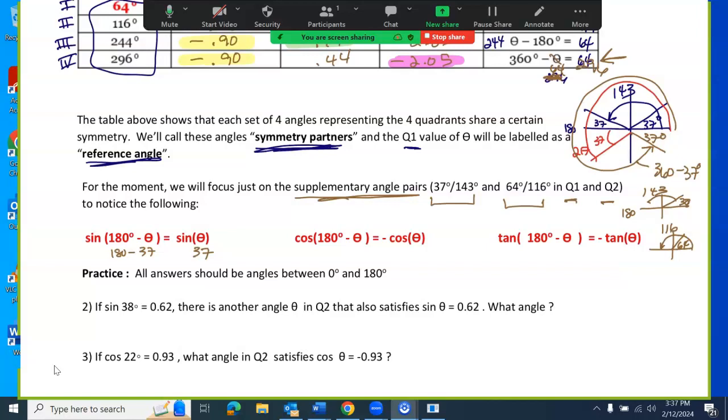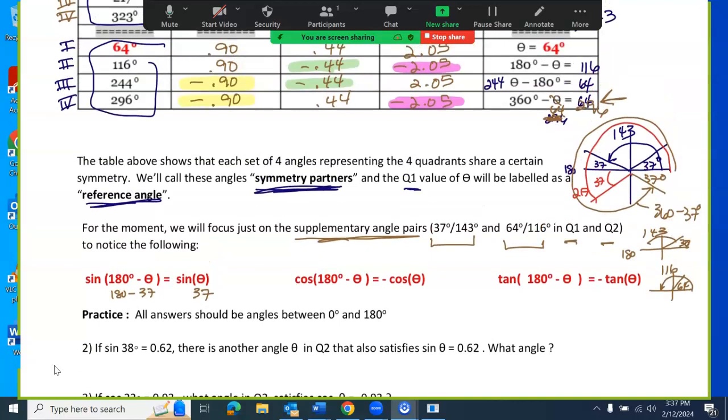So the cosine of 180 minus theta, and let's say theta is 64, isn't this the cosine of 116? And that's going to be the negative of the cosine of 64. Okay? So that's going to be the negative of that.